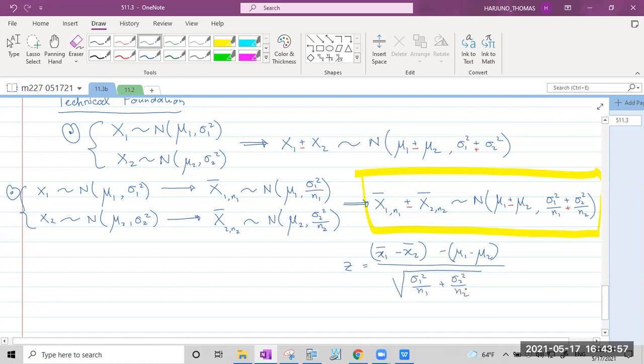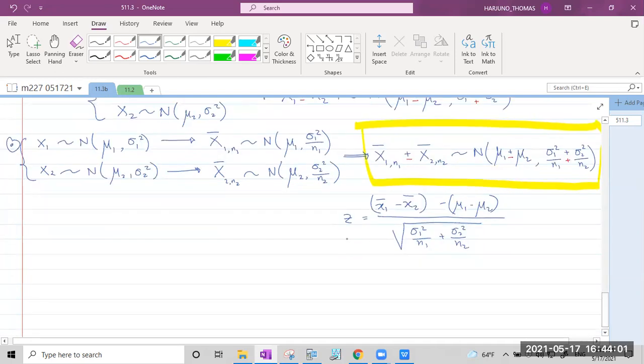But because we don't have the population standard deviations, this evolves to t. In the denominator, we substitute sigma 1 squared by S1 squared, and the sample variance of the second group over n2. That's what happened.